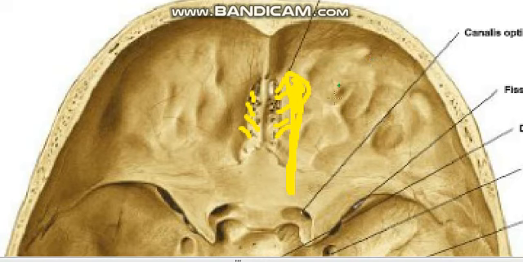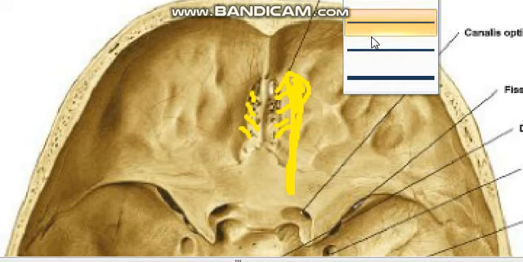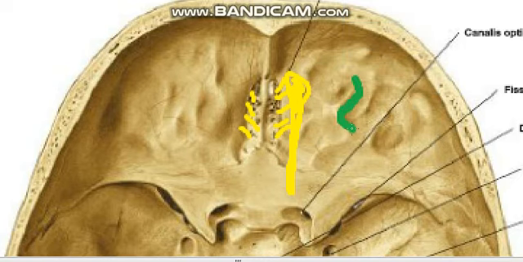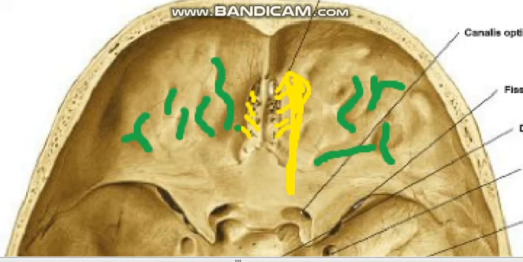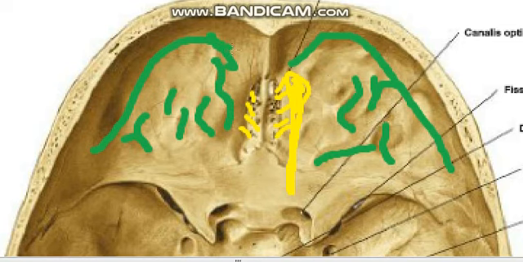If we try to draw them, see, this is one, this is one: the impressions of the gyri of the inferior surface of the frontal lobe of the brain. So the frontal lobe would be lodged over here, and the frontal pole of the brain is somewhere here.